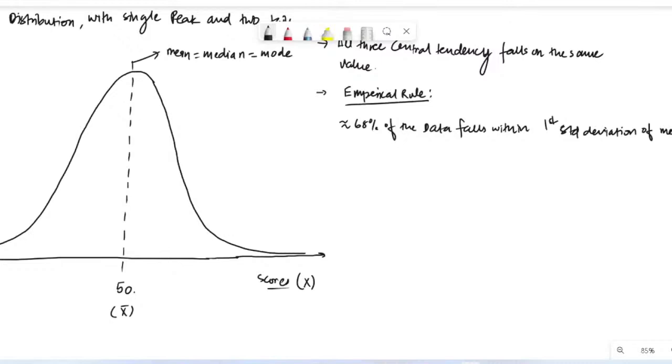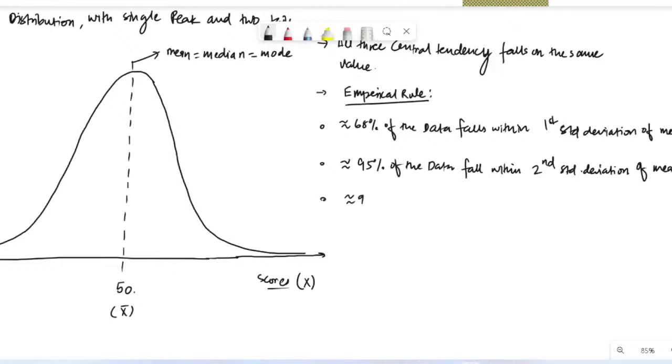So that's your first point. Then the second point: approximately 95% of the data falls within the second standard deviation of the mean.